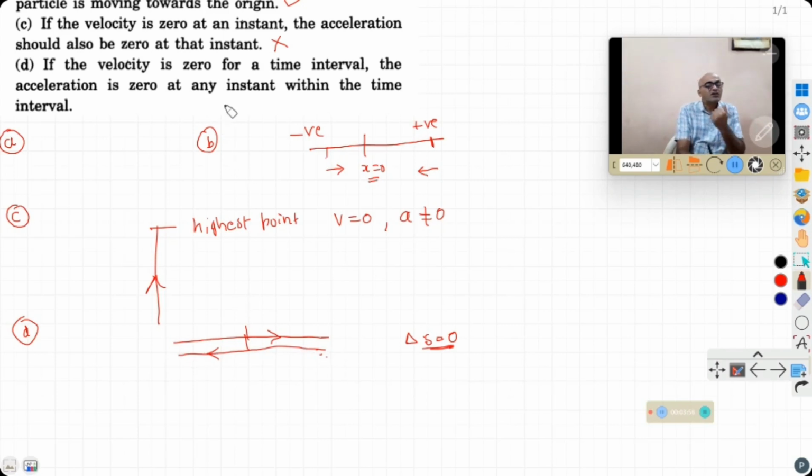So, if velocity is 0 for a time interval, the acceleration is 0 at any instant within the time interval. That is possible. So, this is also true. So, here options which are correct are A, B and D. I hope things are clear to you, students.